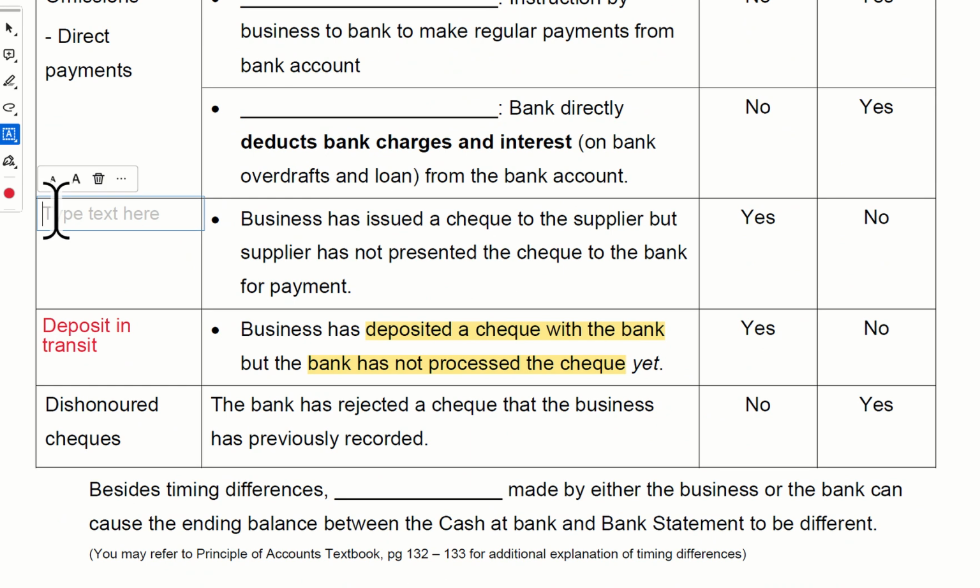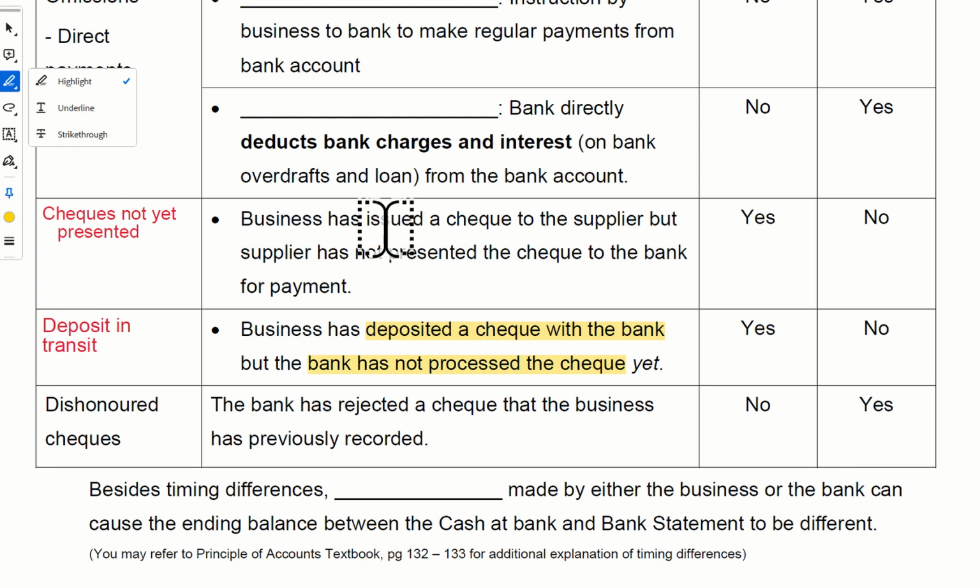So a check not yet presented is right over here. Basically, the business has issued a check to the supplier, but the supplier has not presented the check for payment. So the business knows, but the banker doesn't know.